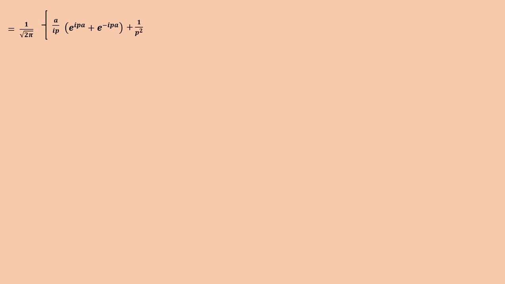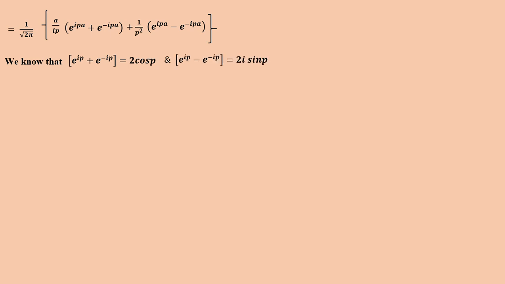Second term, plus 1 by p square, a common term, so take it outside: (e power i p a minus e power minus i p a). We know e power i theta plus e power minus i theta is equal to 2 cos theta, and e power i theta minus e power minus i theta is equal to 2i sin theta. We use this formula above. So we get 1 by root 2 pi: a by ip times 2 cos p a plus 1 by p square times 2i sin p a.